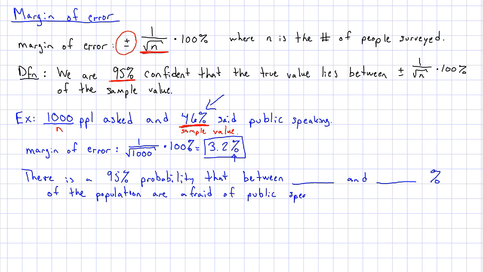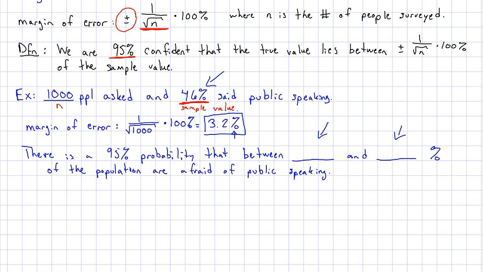Now, I need to find this range. So I need to get the two values that are going to go here. It will be based on the margin of error that I just calculated.